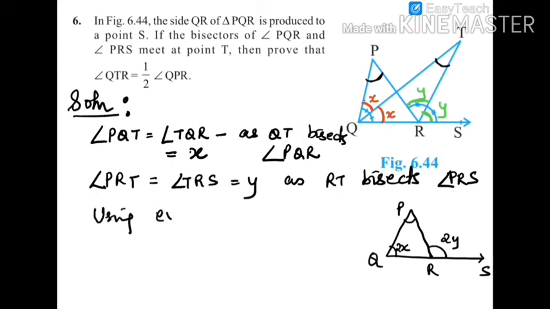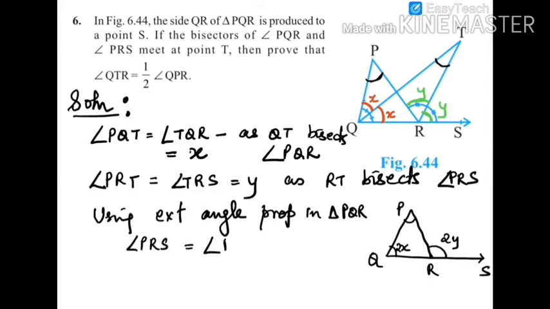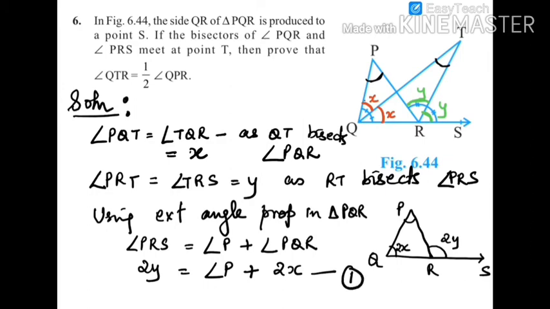Using exterior angle property, in triangle PQR, angle PRS will be equal to angle P plus angle PQR. Angle PRS is 2y. Angle P we will write as it is. Angle PQR is 2x. Mark this equation as 1.